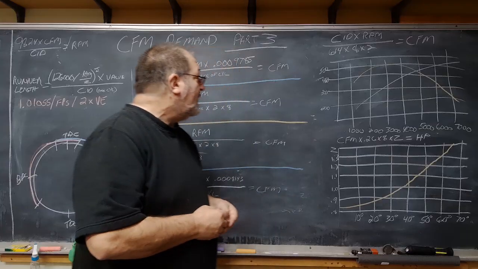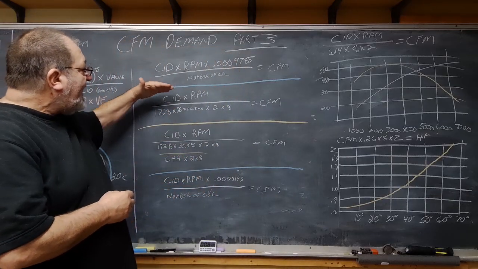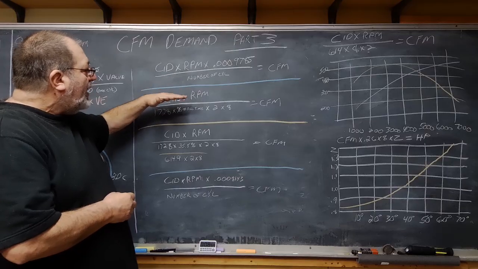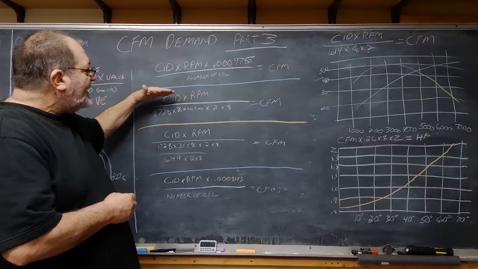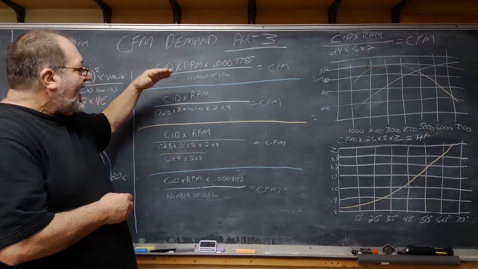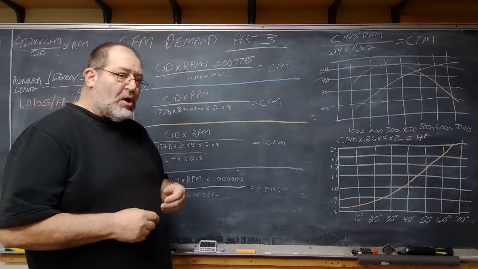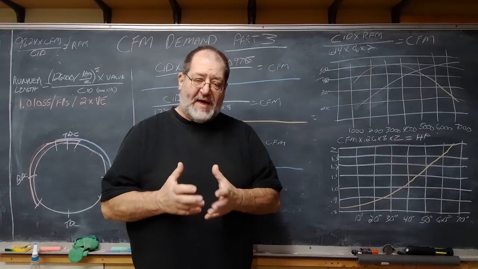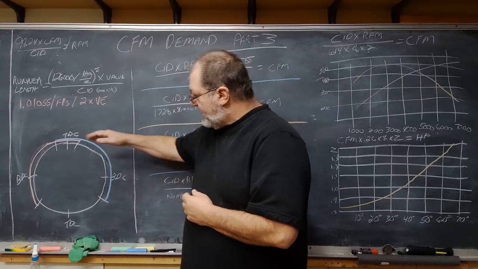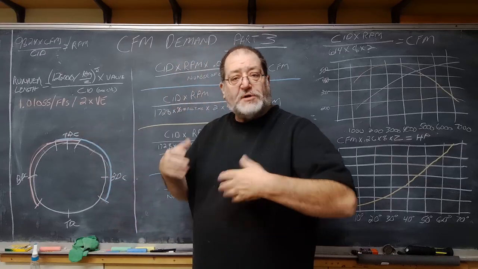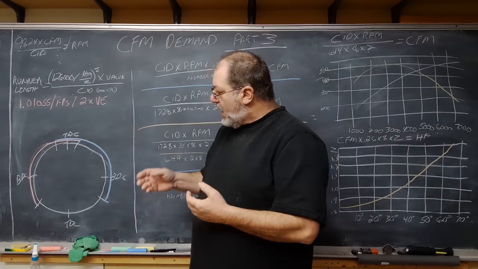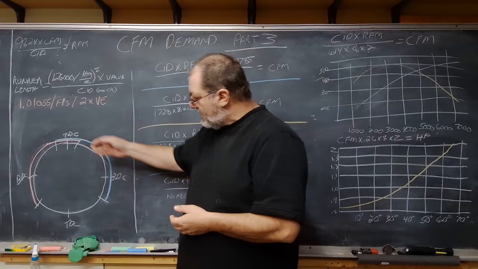We need to have this entire amount of flow from the cubic inch size of the motor at the given RPM. We have to have enough airflow to completely fill that cylinder in this amount of time. And I talked about some of this in volumetric efficiency. So that's when it occurred to me, it's a matter of time.